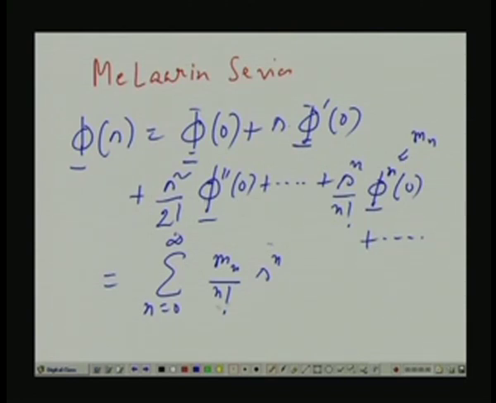Given all the moments, by this series you can find out phi bar s, and from phi bar s you can find out phi underscore s, and from that you can find the original probability density function. Okay. Let us now take an example. Suppose x has exponential density.